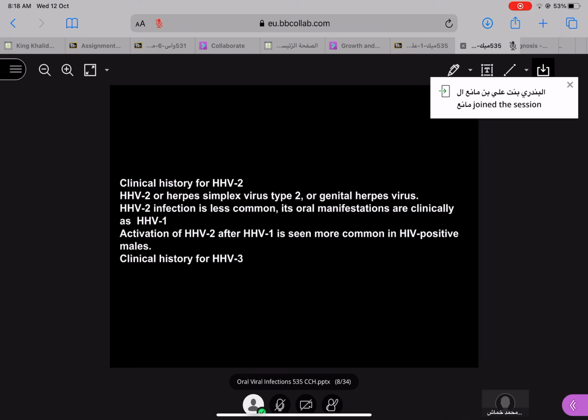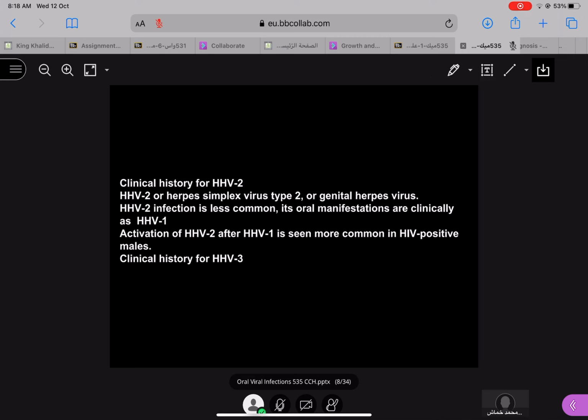If anyone comes with lesions around the lip, lower or upper, without any manifestations on the genital area, most likely this is herpes simplex 1. If there is any rash around the genital area, that means it is herpes simplex 2.